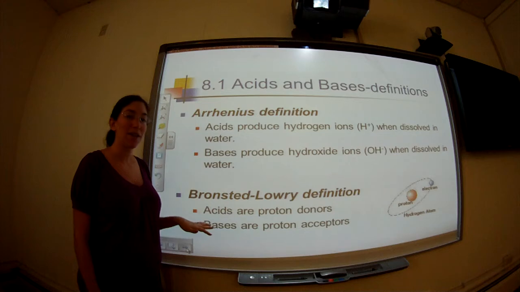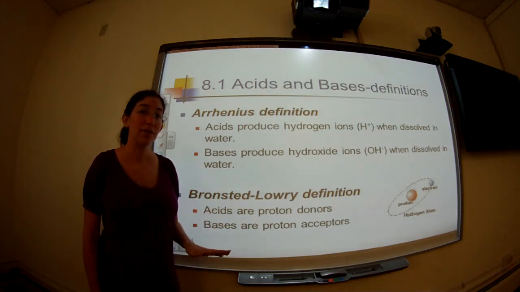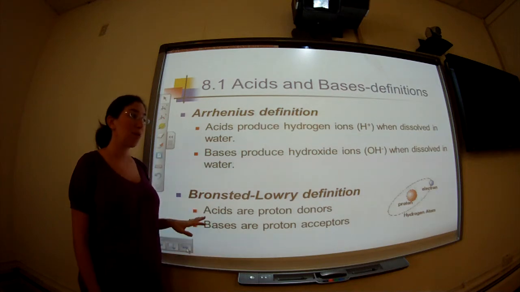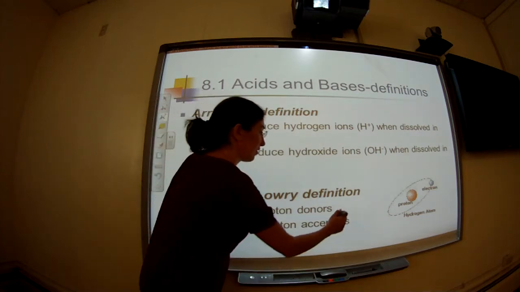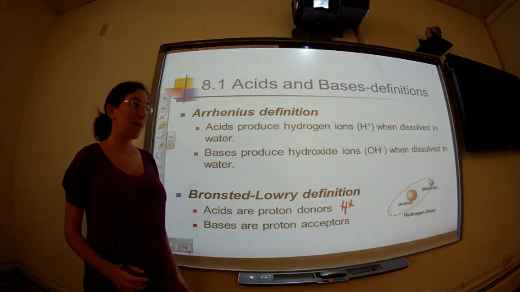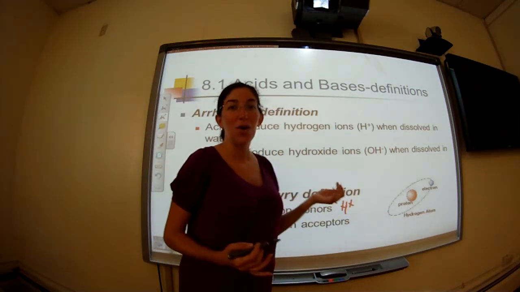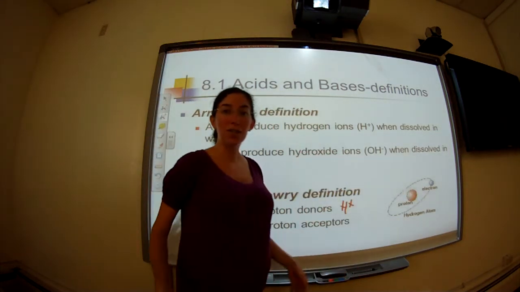The Bronsted-Lowry definition is that acids are proton donors, and bases are proton acceptors. By proton, we're really talking about a hydrogen ion. I have this little diagram for you here of a hydrogen atom. What is a hydrogen atom? It is one proton and one electron.